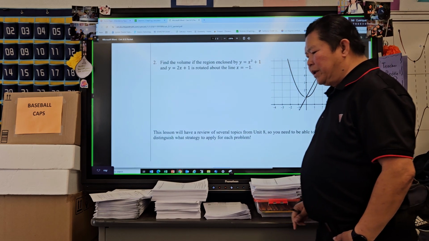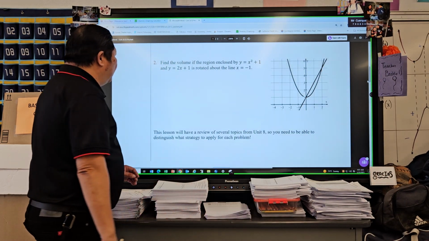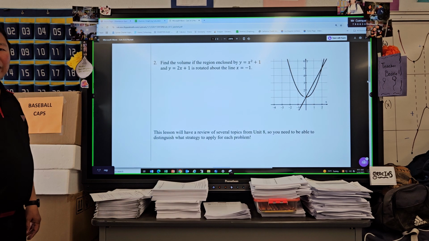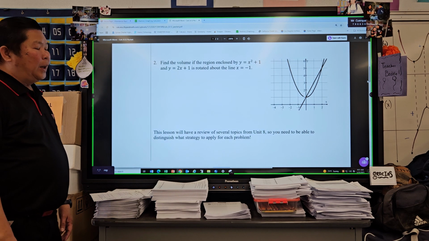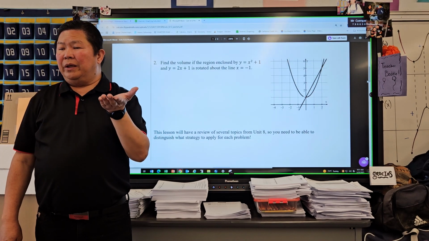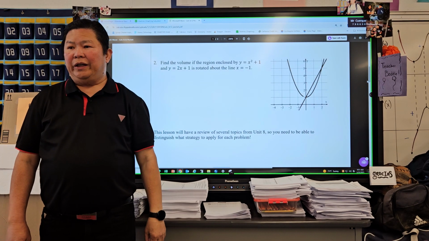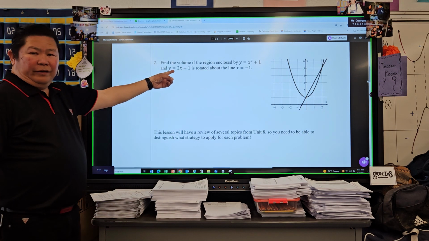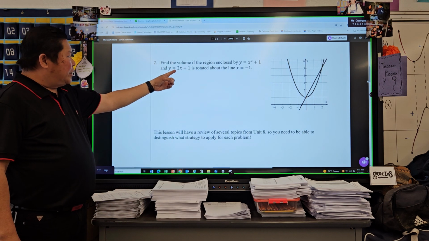Problem number 2 says, find the volume of the region enclosed by y equals x squared plus 1. So it's a parabola that is being shifted up 1 unit, right? And then the line, this is the line 2x plus 1.